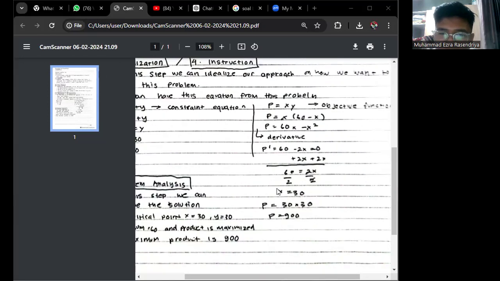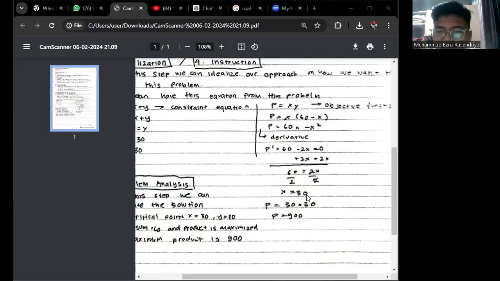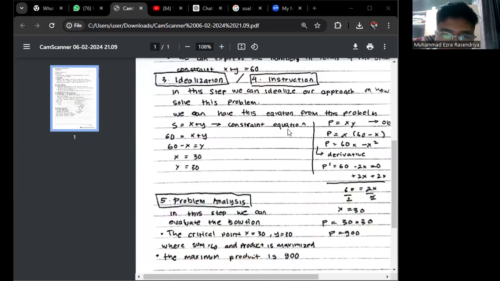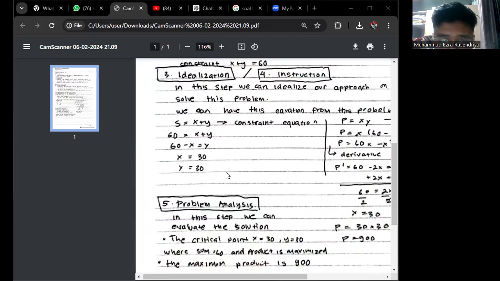Now we already have the x value, equals 30. We can solve for y. We move back to the constraint function where we put x equals 30, where 60 minus 30 equals 30.